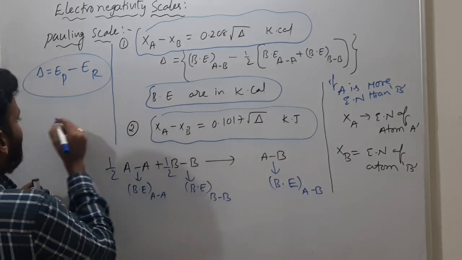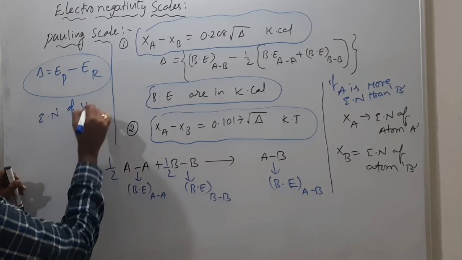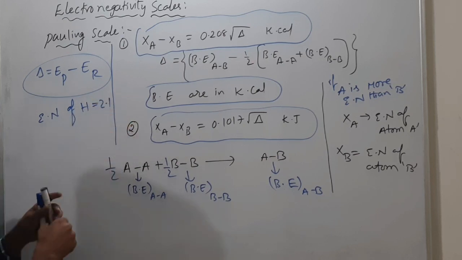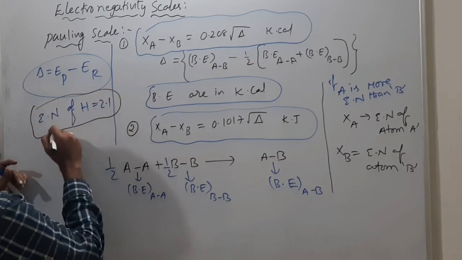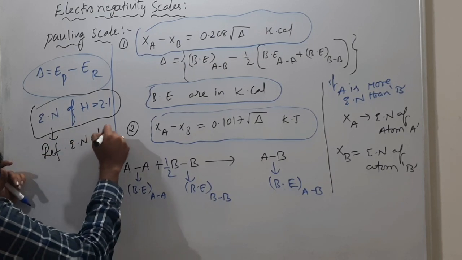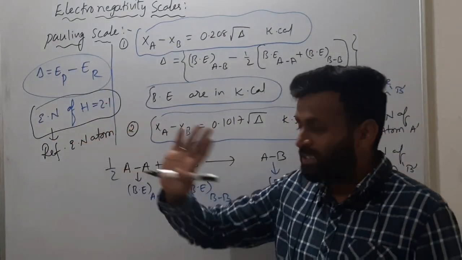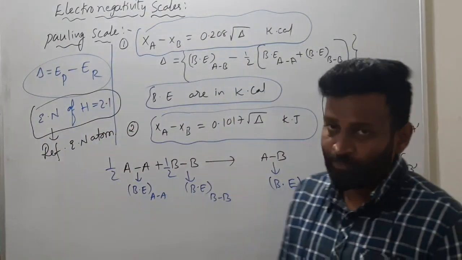And he has taken the reference atom. The electronegativity of hydrogen is 2.1. Who is the reference electronegativity atom? Hydrogen is the reference electronegativity atom.